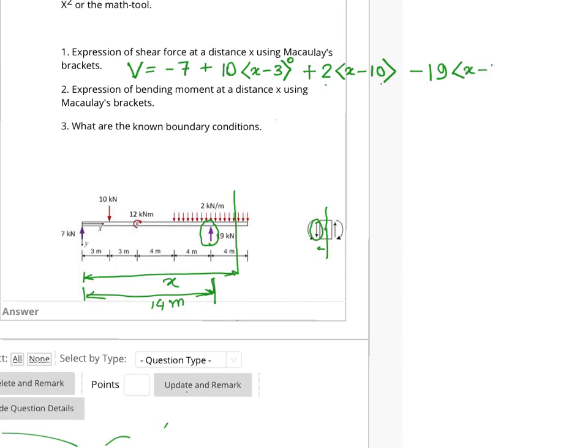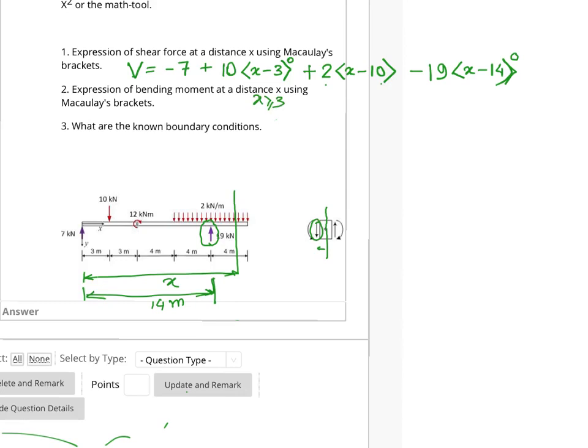So we use the Macaulay bracket, and as before with all other point loads, for the shear force we are not multiplying the distance with the load, so this should be to the power 0. So you could see the first one, minus 7, doesn't appear with any distance because we started from this point, so 7 is valid whatever the value of x is. The second term is valid only for x greater than 3.